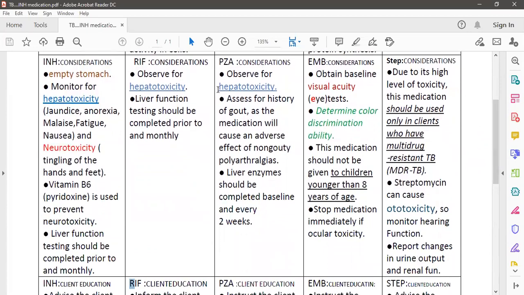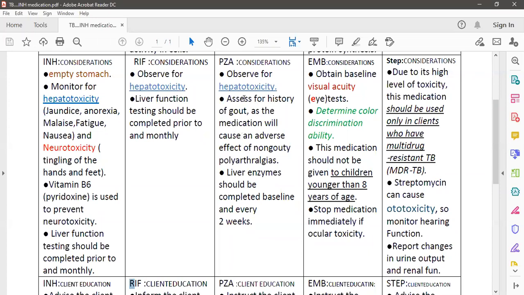Pyrazinamide, if we prescribe it, we always check the liver function. Why? Because pyrazinamide also causes hepatotoxicity, right? Pyrazinamide increases the uric acid level in the body, and hyperuricemia develops.